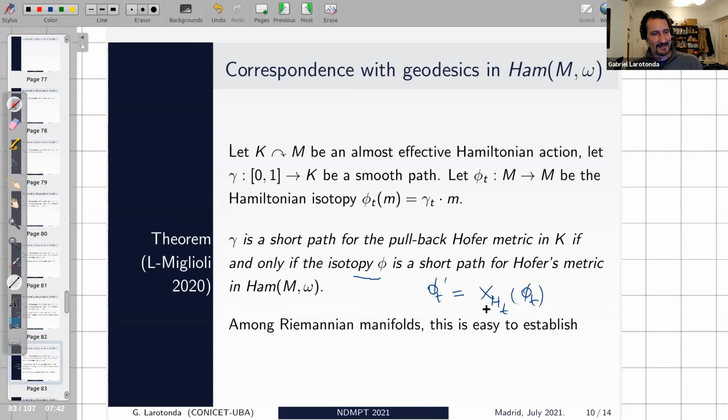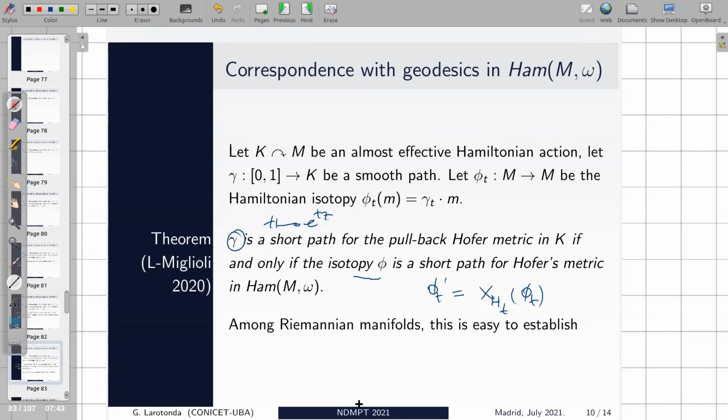And the Hamiltonian is autonomous if and only if this path is a segment. So you recover straight lines with autonomous Hamiltonians. And all the other non-autonomous Hamiltonians give all the other rather strange family of short paths which are not straight.